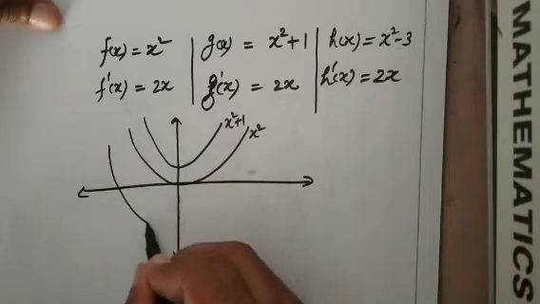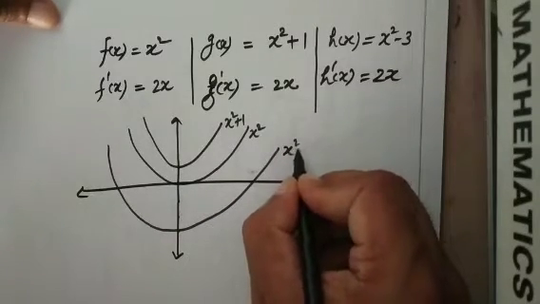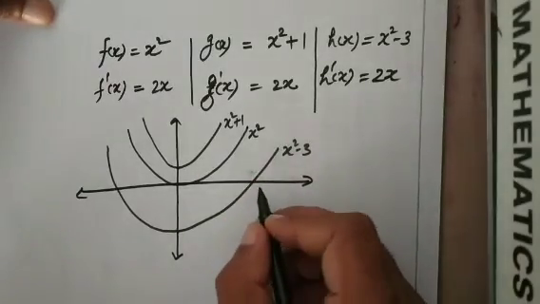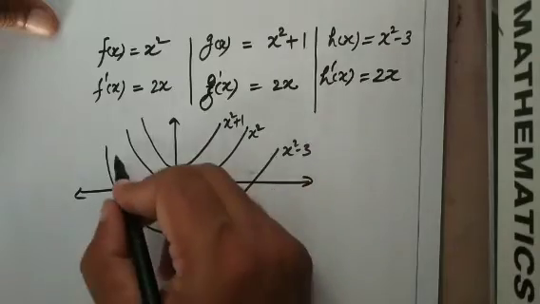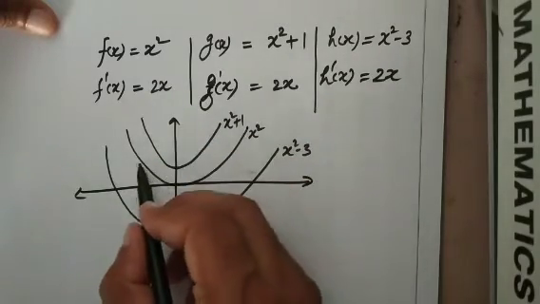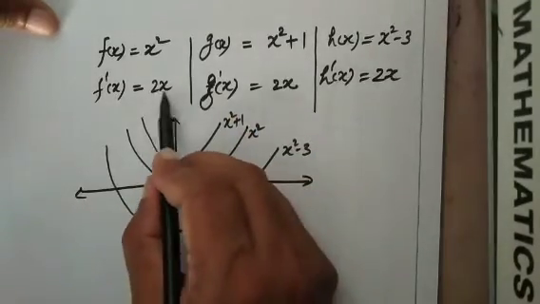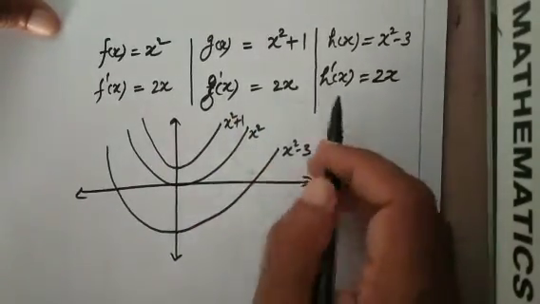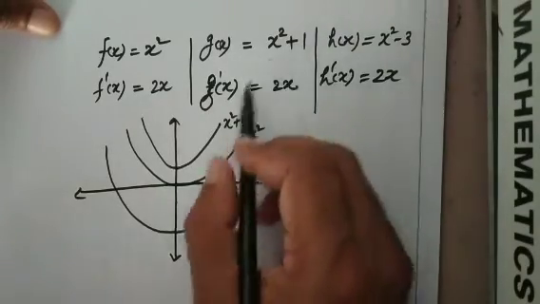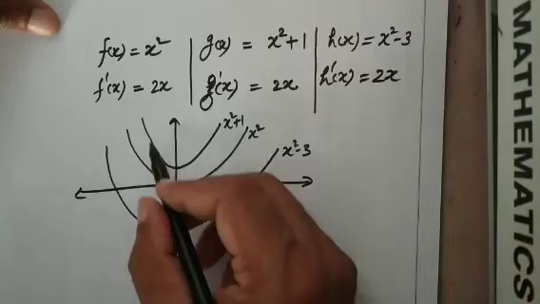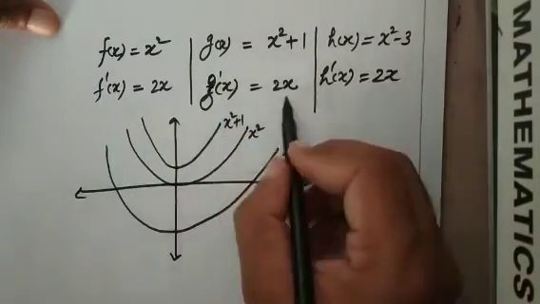So I have represented all these three curves, and not only these three, there are infinite such parabolas symmetric about this particular axis, and the family of those curves will have the same derivative 2x, whatever constant, plus 1 or minus 3, is added, but their basic structure is the same. So all such a family of curves will have the same derivative 2x.